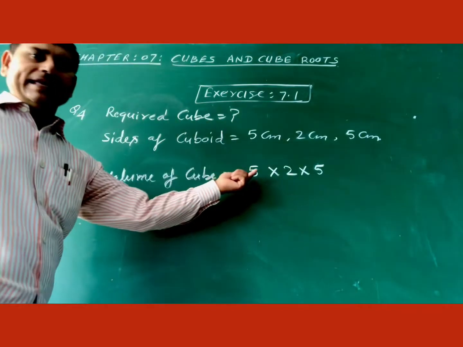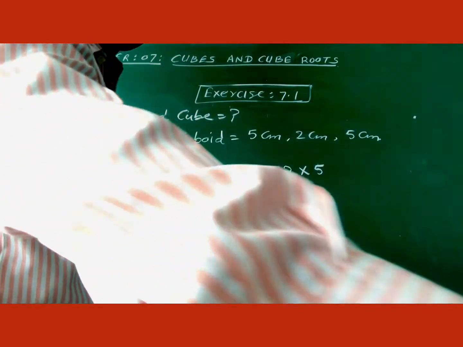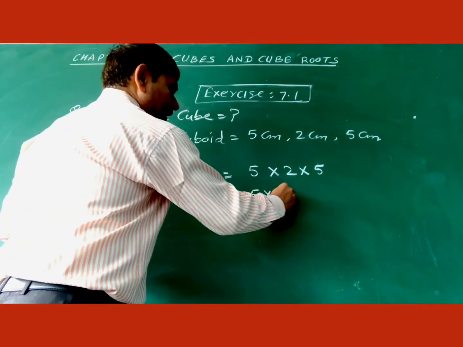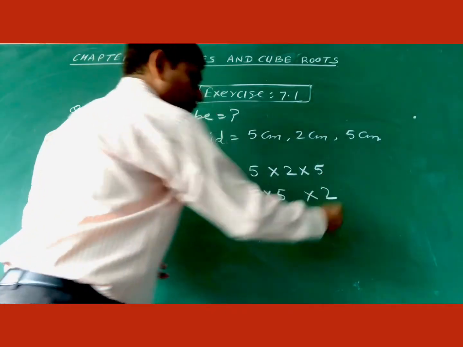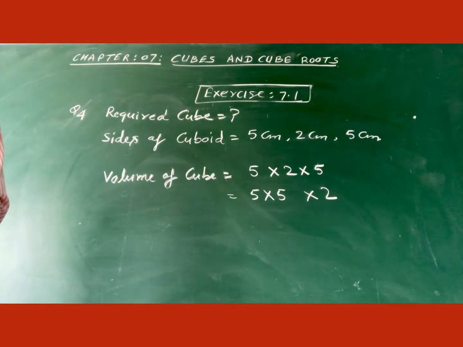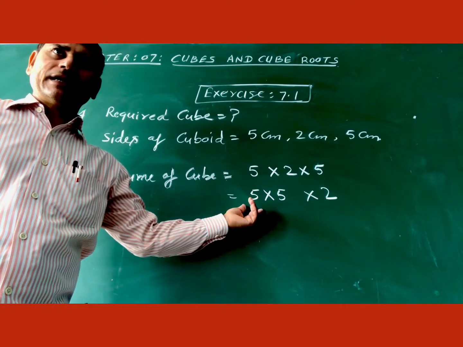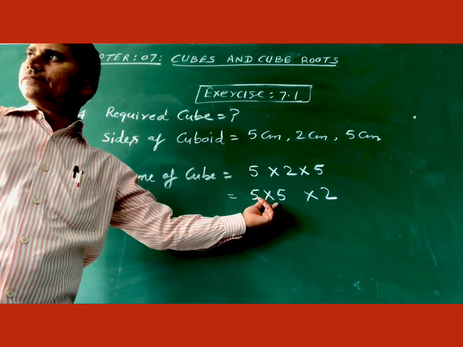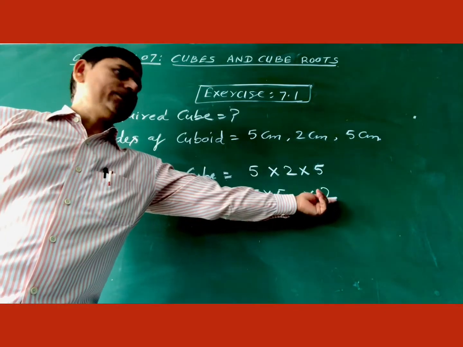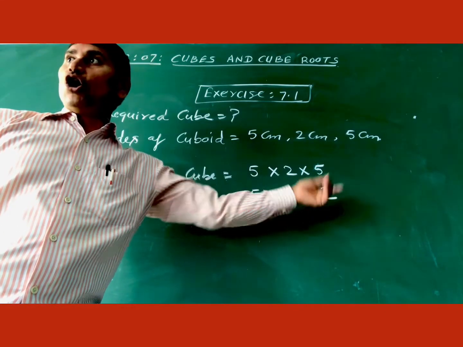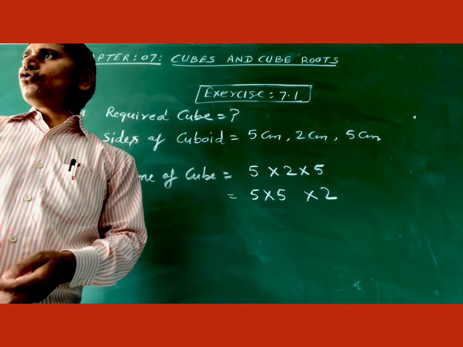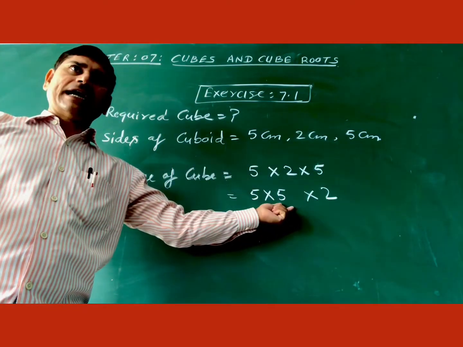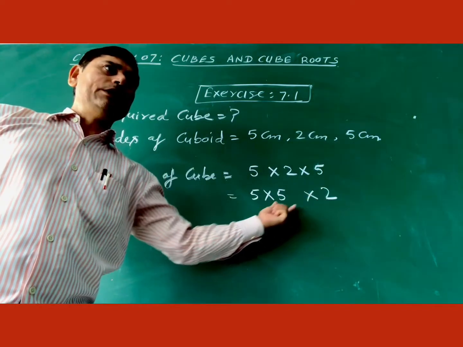Now you can arrange it like that: 5 into 5 and 2. Now you will make the triplets here, but the triplet of 5 is not complete here, and the triplet of 2 is also not complete here. So you will multiply from your side to complete all triplets.